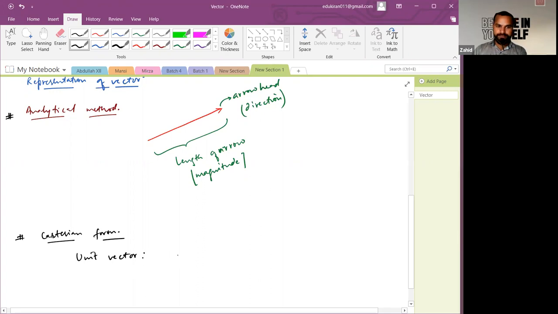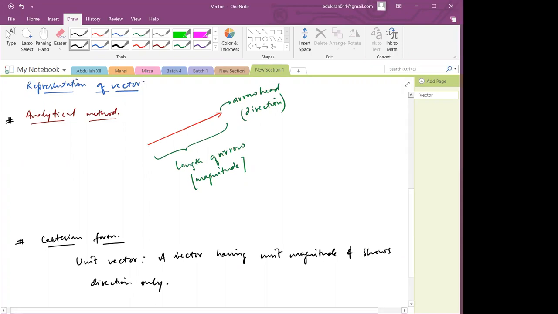So you will say a vector having unit magnitude and showing direction only is termed as a unit vector. Is it clear till this part? Yes, sir. Okay, just write it down.